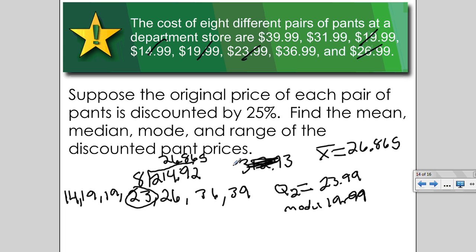And our range, we'll take our biggest number, which is 39.99 minus smallest number, 14.99. So our range is 25.